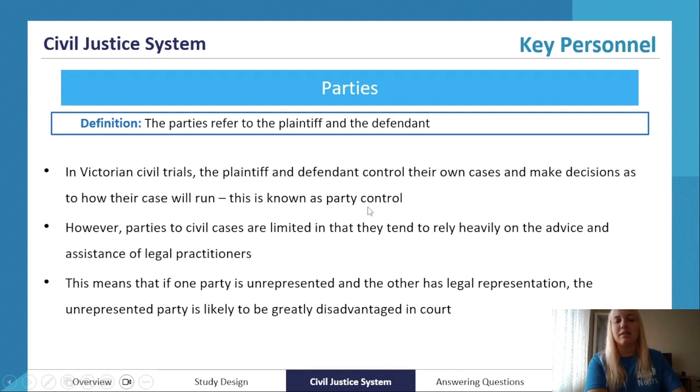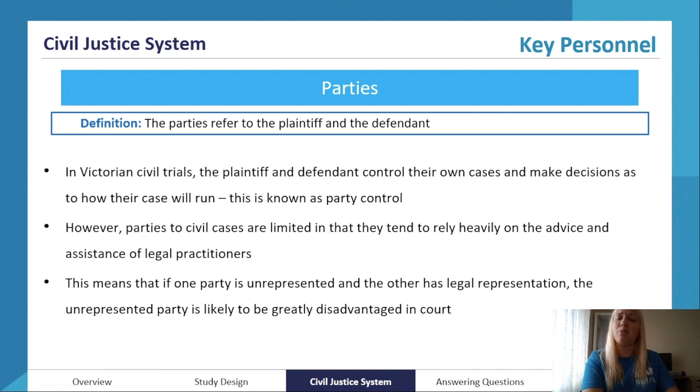So party control is key to parties. In Victorian civil trials, the plaintiff and defendant control their own cases and make decisions as to how their case will run. And much more often, it's the civil justice system where parties might not have legal representation. So there's party control, but parties to civil cases are limited in that they tend to rely heavily on the advice and assistance of their legal representation.